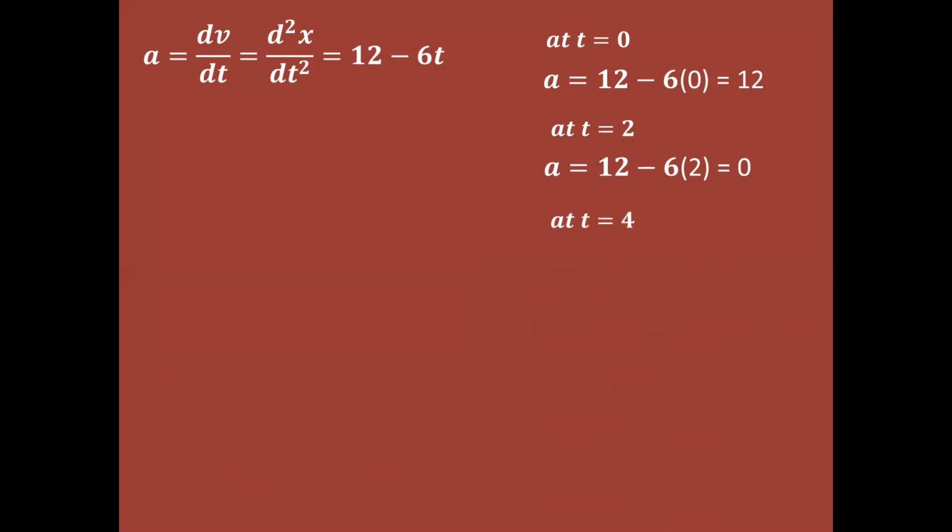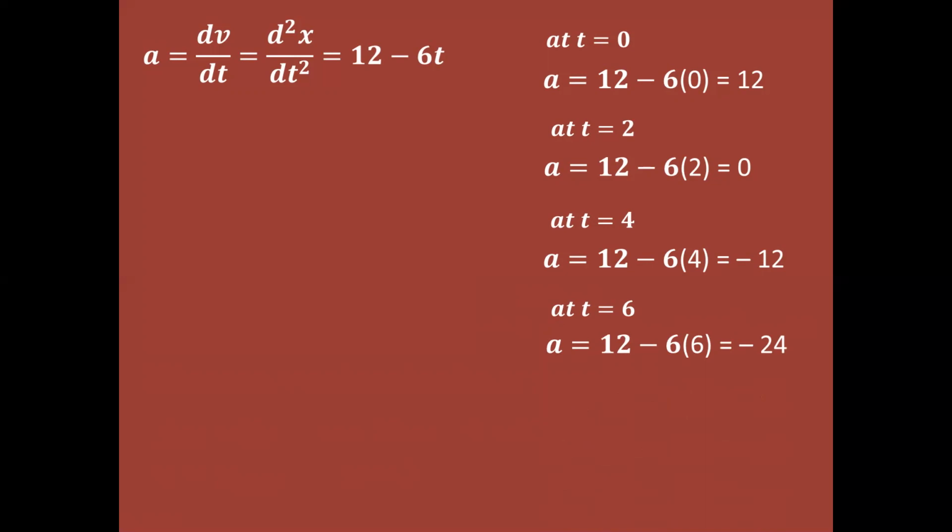Time of 4 seconds, acceleration is equal to 12 minus 6 times 4, so that we can have a value of negative 12 meters per second squared, meaning there is a deceleration. For the fourth one, time of 6 seconds, acceleration is equal to 12 minus 6 times 6. We have a negative 24 meters per second squared value.